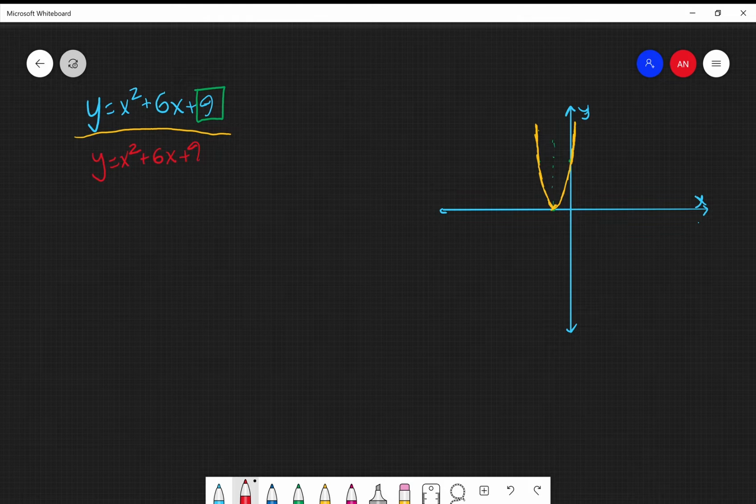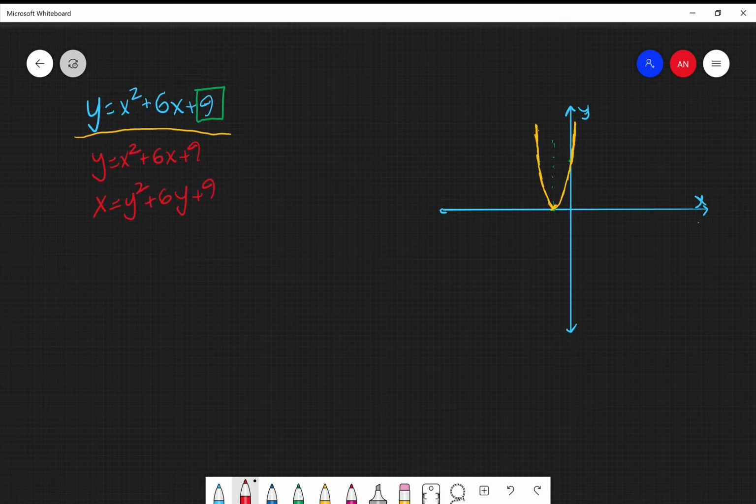To switch the variables, all I have to do is rewrite the equation as x instead of y is equal to y instead of x squared plus 6y plus 9. The same method works on linear equations. You'll get to see that in the practice problem.